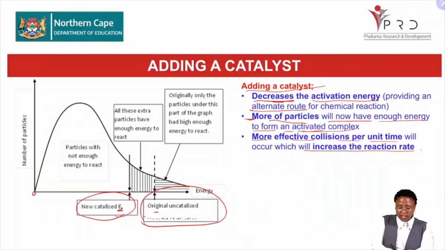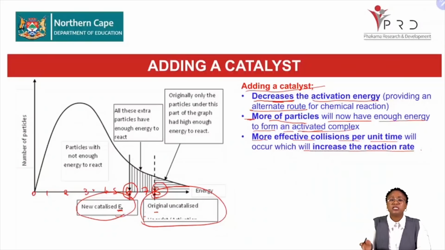You check, if I had 0 here, 1, let's say that is 2, 3, 4, 5, 6, 7, 8. Okay, then you check between activation at 6 and the activation at 7, which one represents a lower activation? The one that represents a lower activation is the one where the catalyst has been added. I don't know if it makes sense what I'm saying.